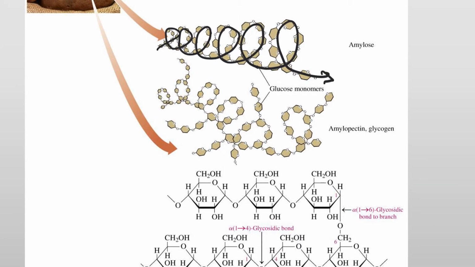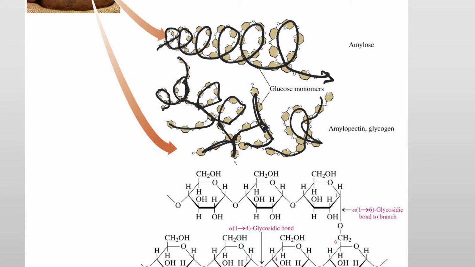There's no helix or beta pleated sheet or anything like that. You get branches in multiple ways. There might be parts that are helical, but since it's branched, it doesn't really work perfectly like that.